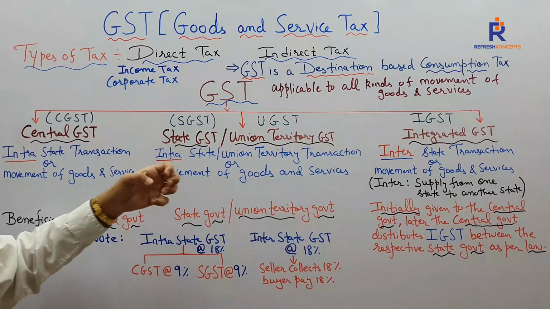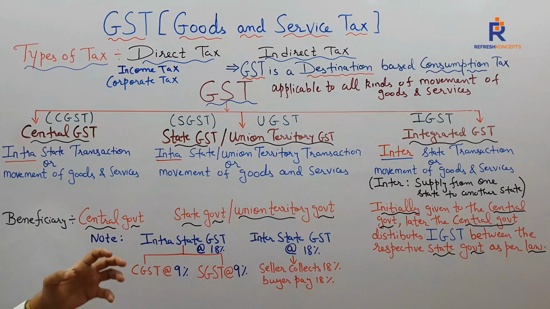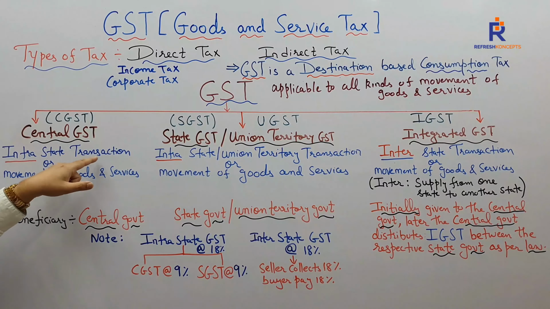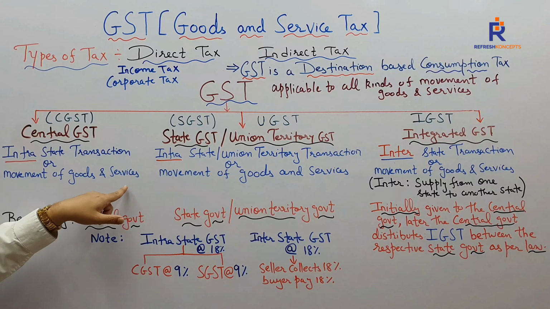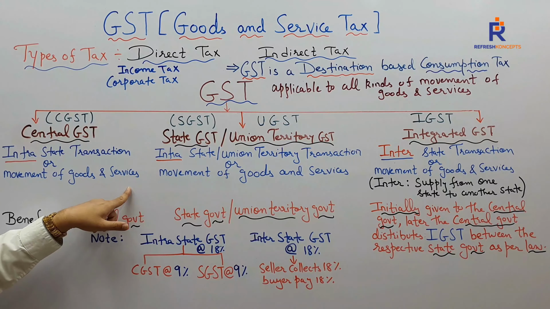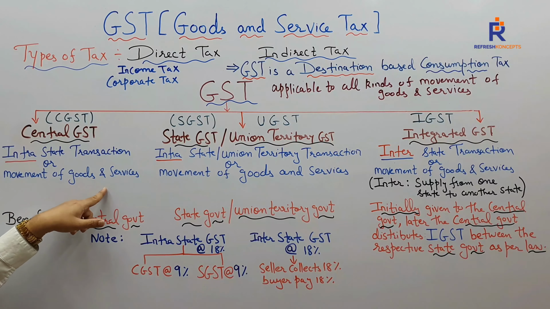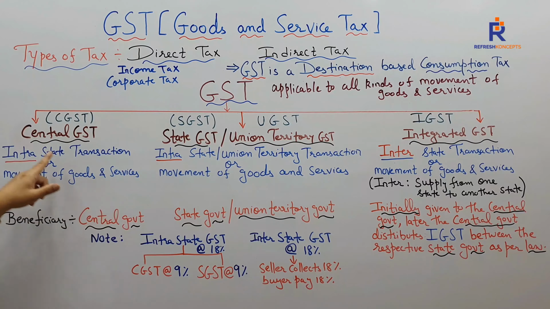Intra means within the state. Intrastate transaction or movement of goods and services. For all those articles or goods and services where the movement takes place within the state, we have to calculate CGST, right?